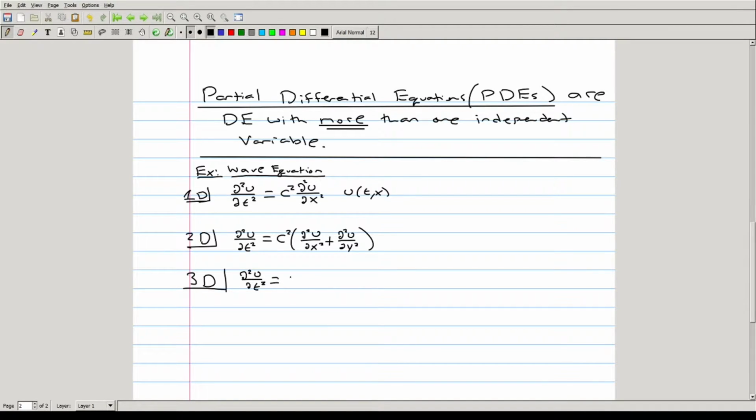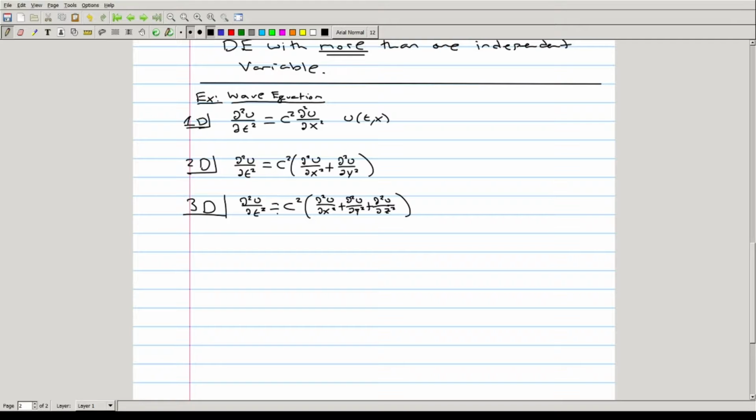And lastly, we can talk about the wave equation in 3 dimensions, which is a function of 4 variables, t, x, y, and z, and it's saying that the second time derivative of this function u, the wave disturbance, is equal to the wave speed squared multiplied by the sum of the second partial derivatives of the disturbance with respect to x, y, and z.